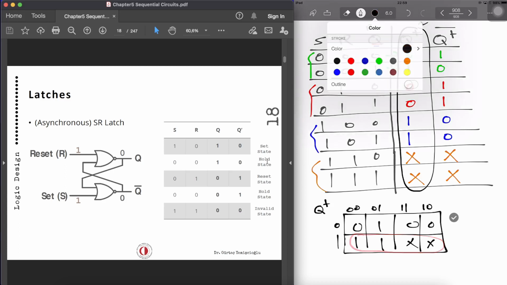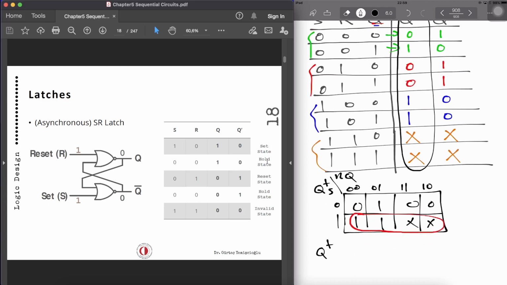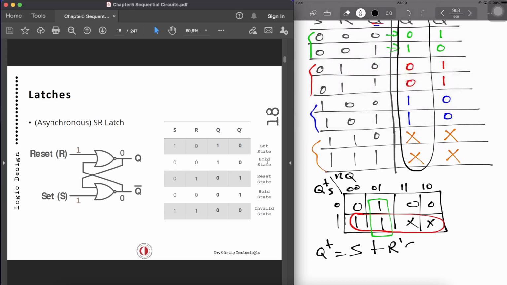By the way, I have to specify that this is S, this is R, this is Q. So I can say that Q next equals S, or I have one more here, which I can combine, those two, R prime Q. That's our next state equation for this SR latch.